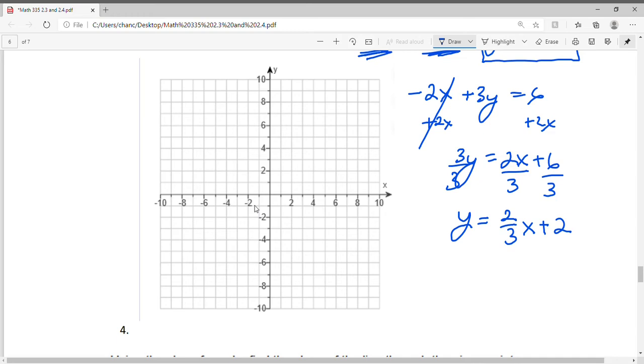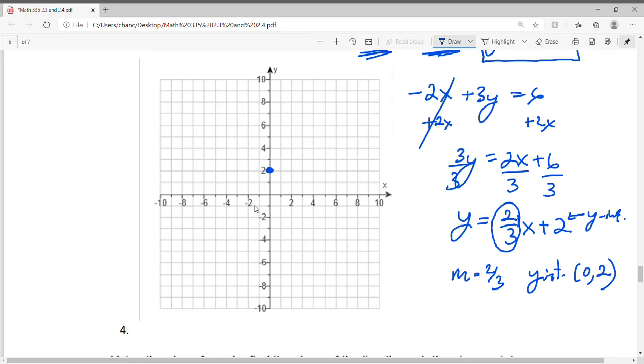Now I can read off the slope. The slope is 2/3, and the y-intercept is (0, 2). Again, the slope is the number in front of the x, and this 2 tells us the y-intercept. Start by plotting the y-intercept first, and then using the slope.